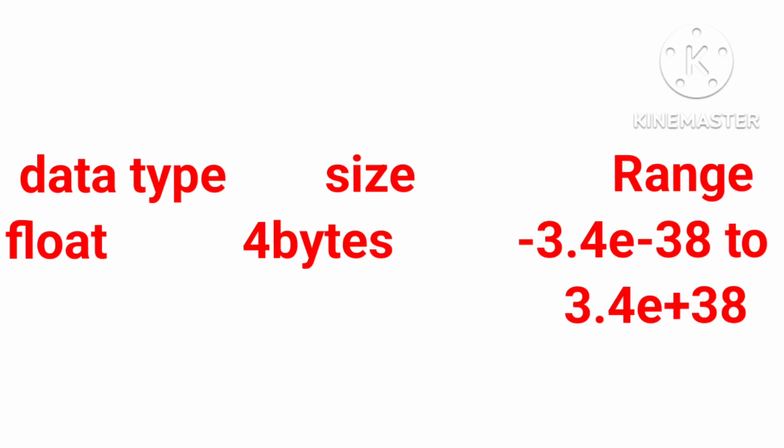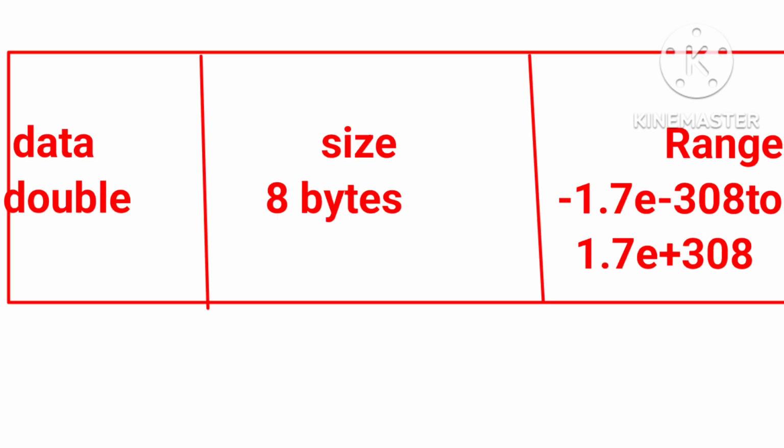Size of float data type: 4 bytes. Range -3.4e-38 to 3.4e+38. Size of double data type: 8 bytes. Range -1.7e-308 to 1.7e+308.